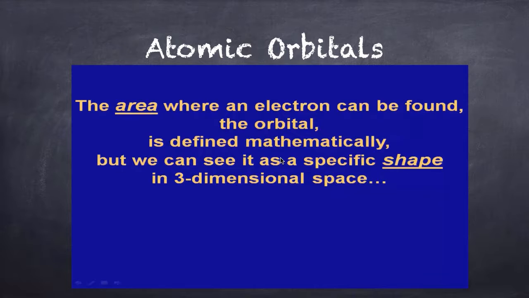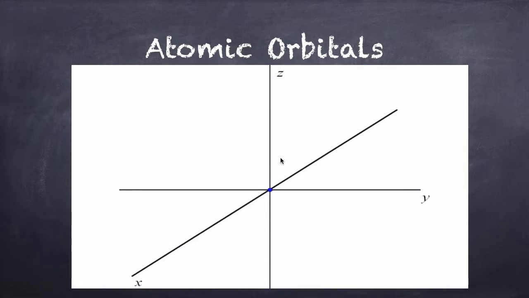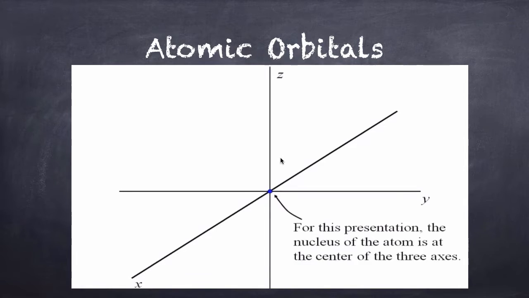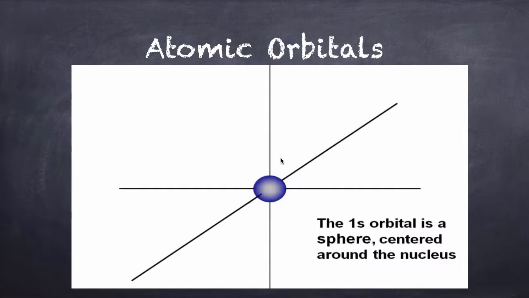So the area where the electron can be found, the orbital, as we just said, is defined mathematically. But we can't see it as a specific shape in three-dimensional space. So we're going to take a look at that three-dimensional space. We're going to define it with the three axes x, y, and z, the intersection of which will be our nucleus. Well, our first orbital is going to be the 1s orbital.